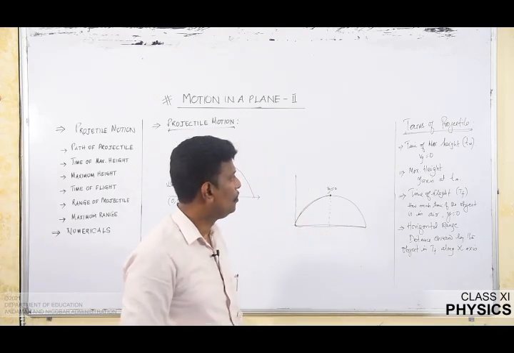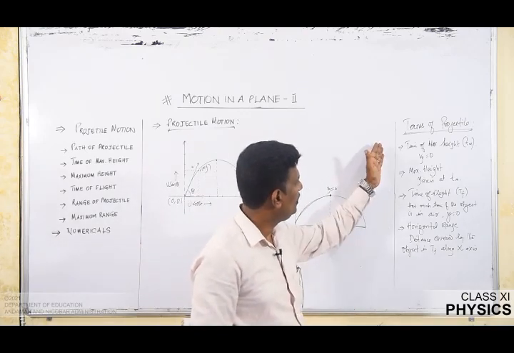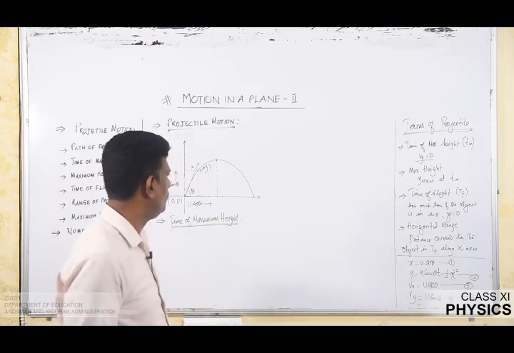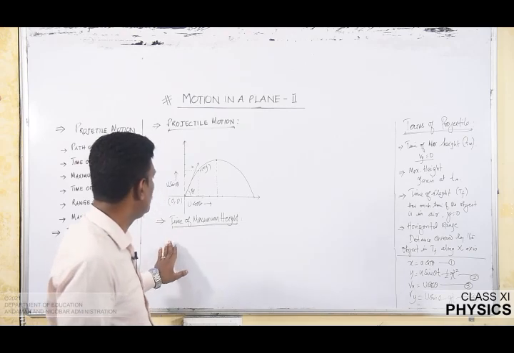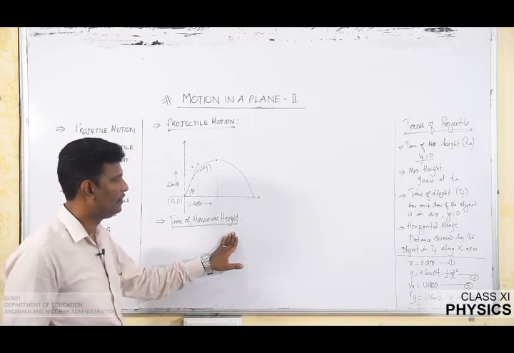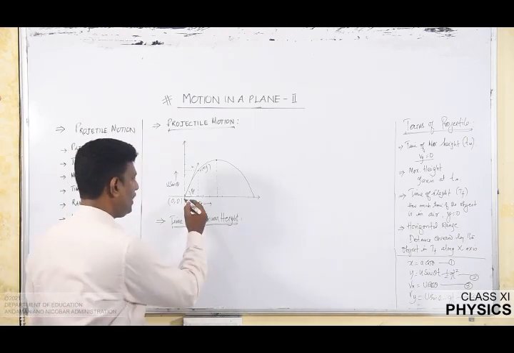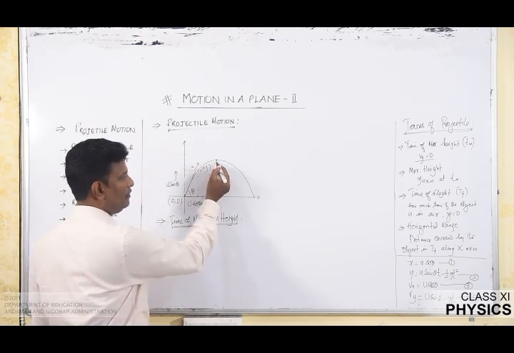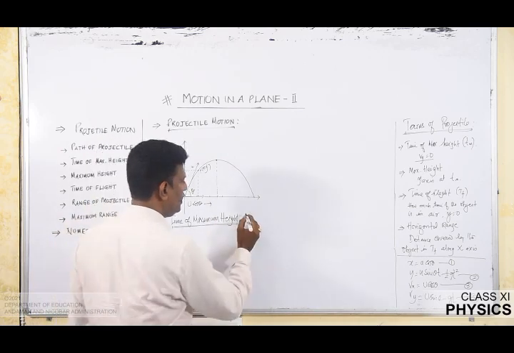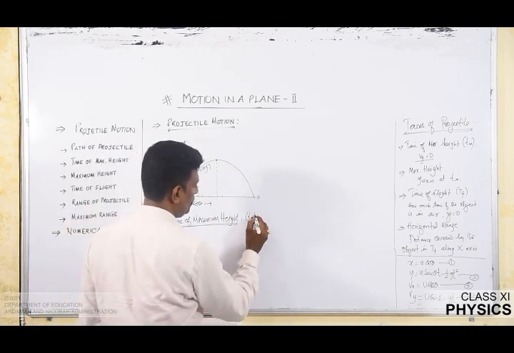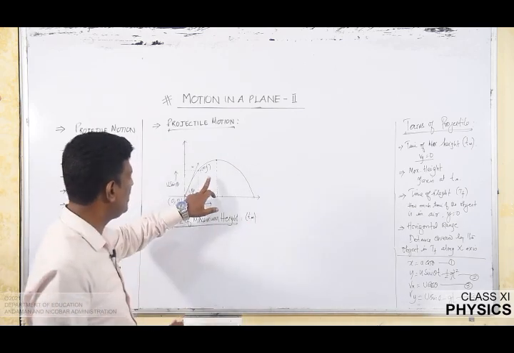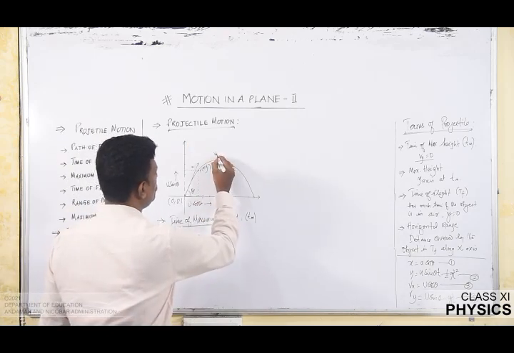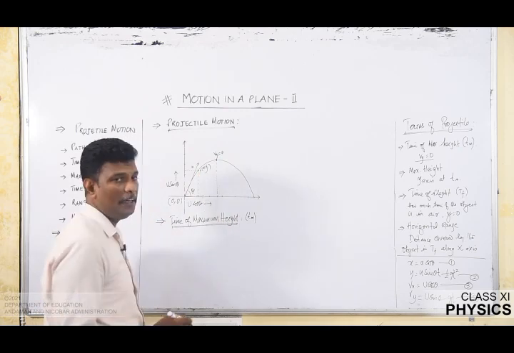Now, we shall go through each term mathematically. First, the time of maximum height, that is the time taken by the object to reach the maximum height, represented by Tm. As we have earlier discussed, at this point Vy is equal to 0.